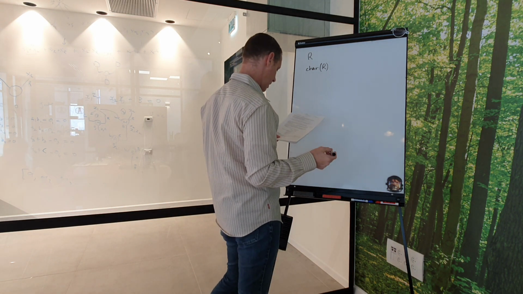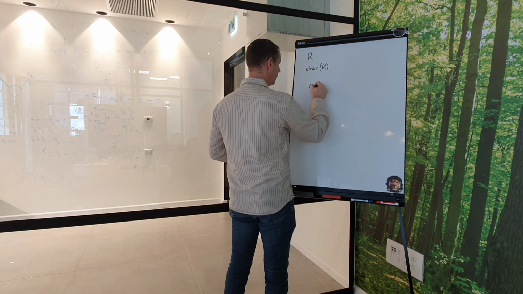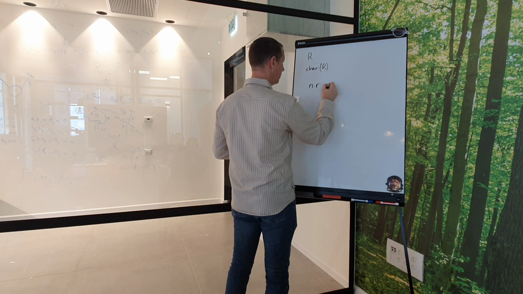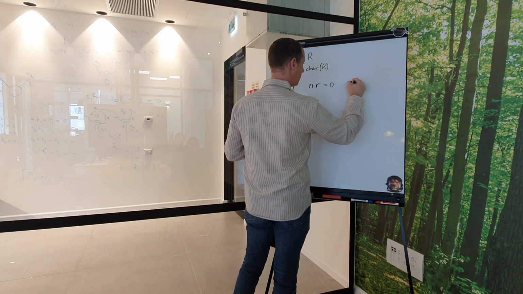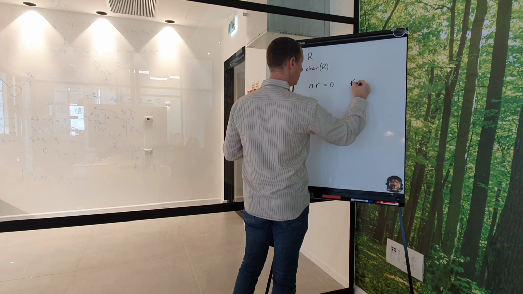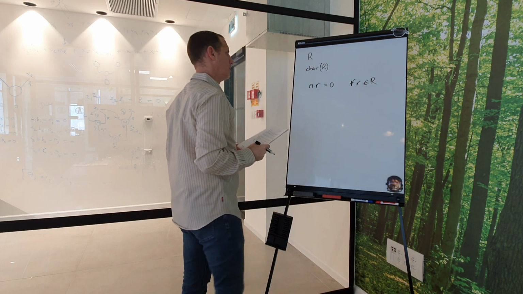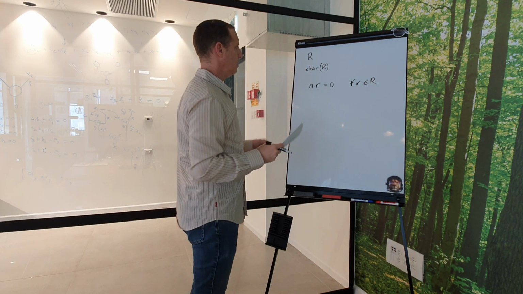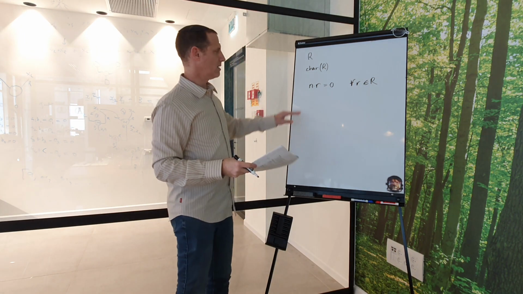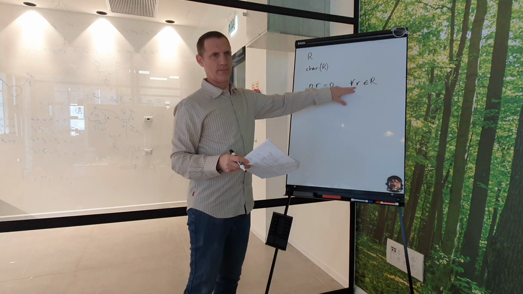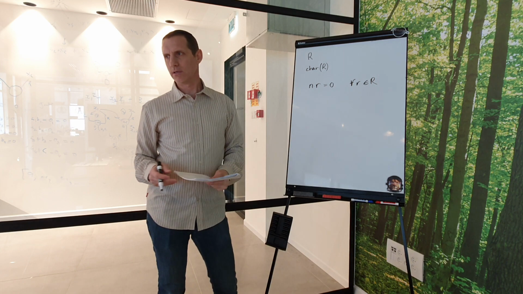But if we look at n r equals 0, for any r that belongs to R, and we actually take the minimal n that satisfies this for all r in R, then that's the characteristic.